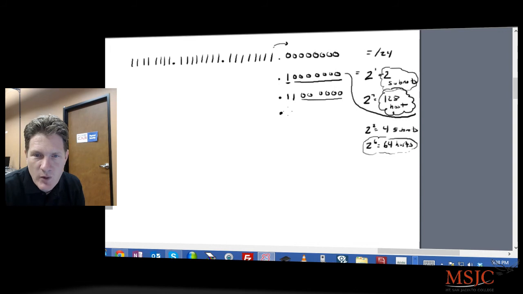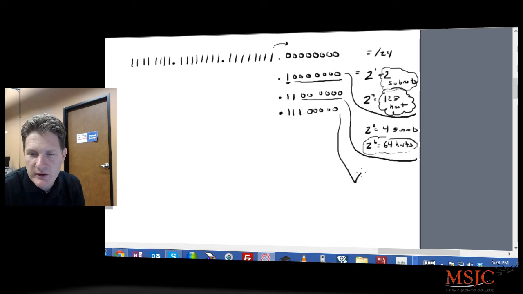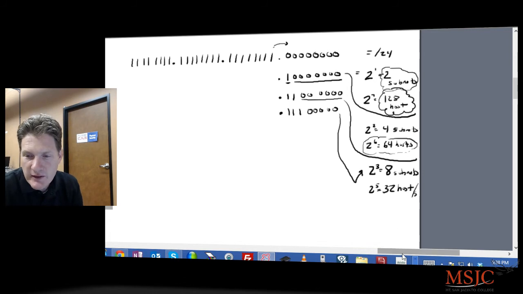So 111 with 5 zeros for hosts. What does that do for me? Well, that gives me 2 to the power of 3, which is 8 subnets. And 5 host bits, so 2 to the power of 5 is 32 hosts per subnet. Will this work?